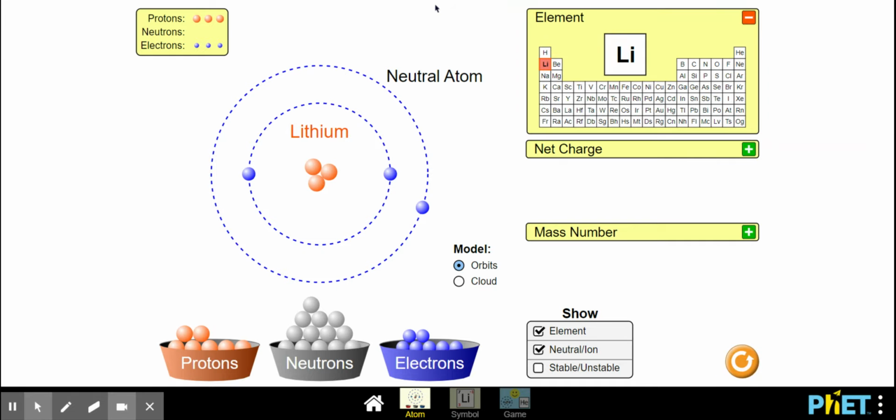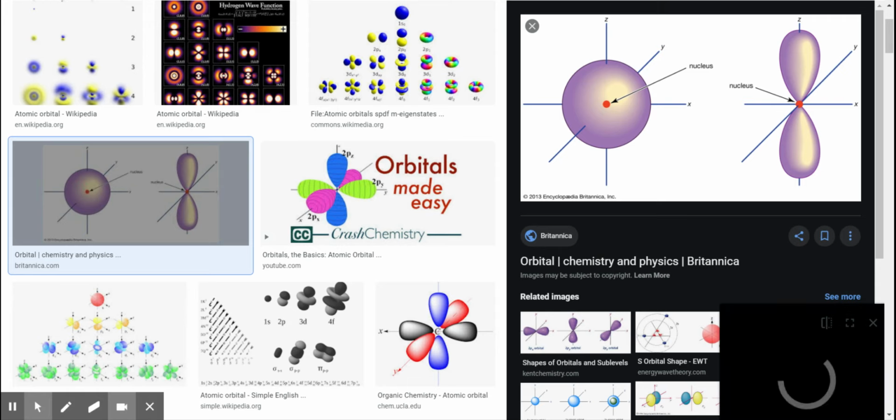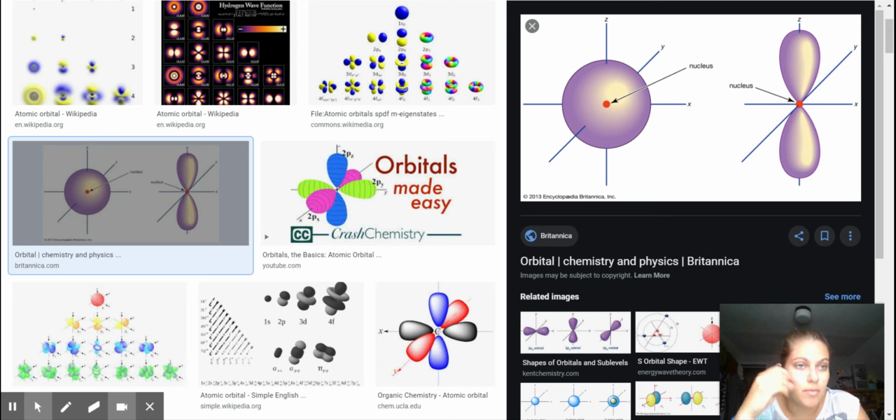So you can see, I'm jumping around a little bit. So the most basic, the lowest level, that helium, that one with two, is this.